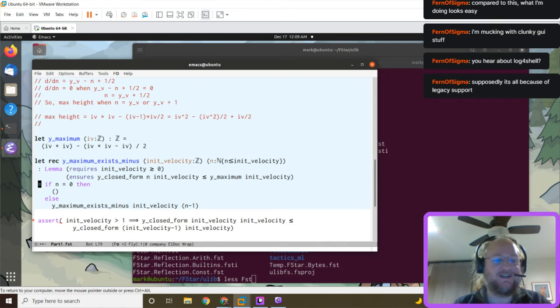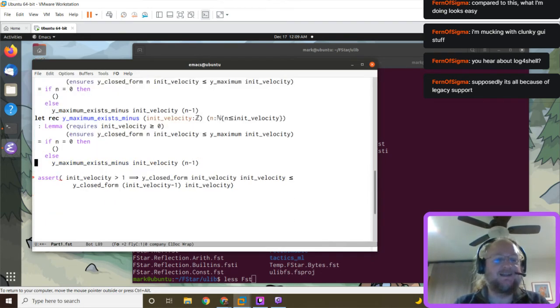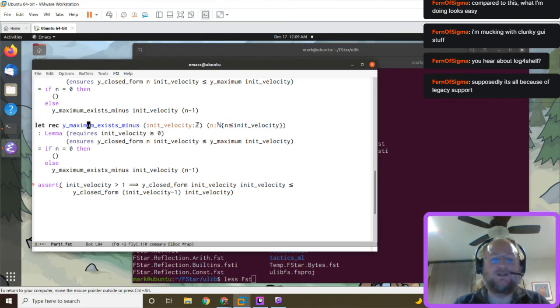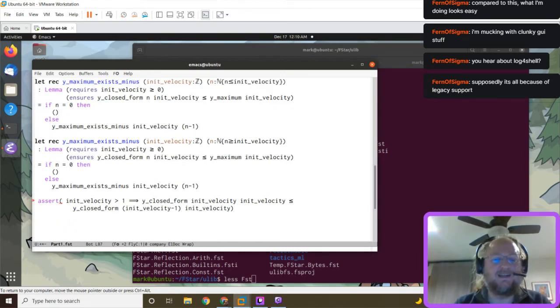So let's try it for everything greater than or equal to the initial velocity. So if n equals init velocity, oh, this is coming from the plus direction.